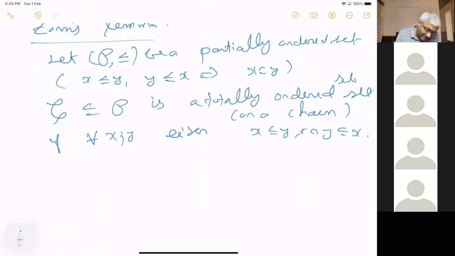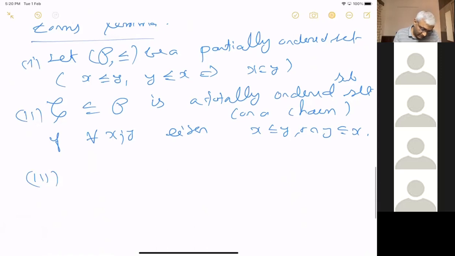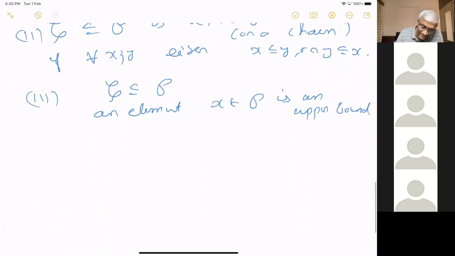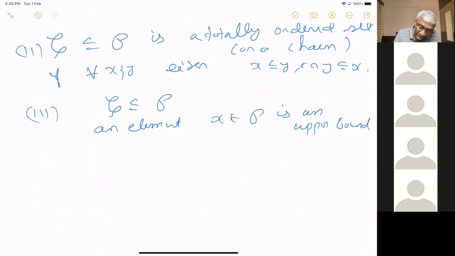Then we have the definition. If we have a C contained in P, then an element x in P is an upper bound for C if y is less than or equal to x for all y in C. Upper bound can be defined for any set, but here let's take it this way.